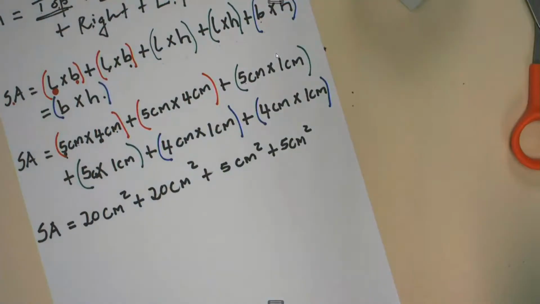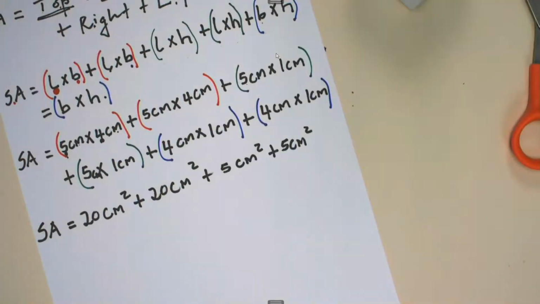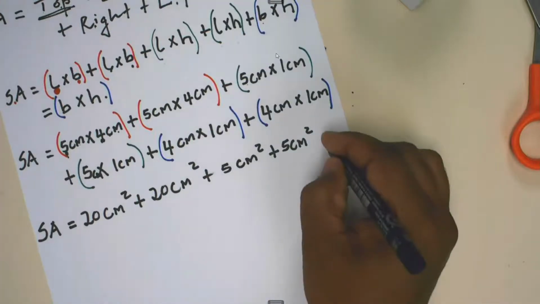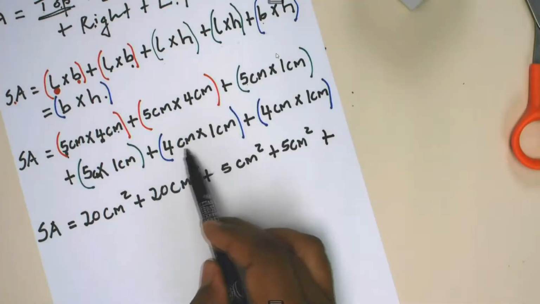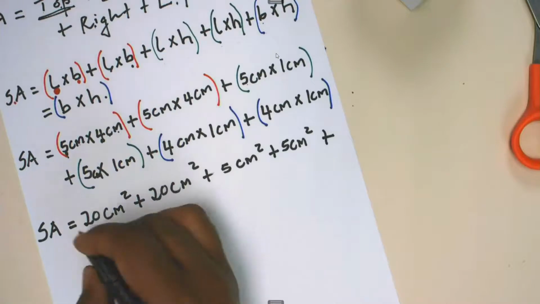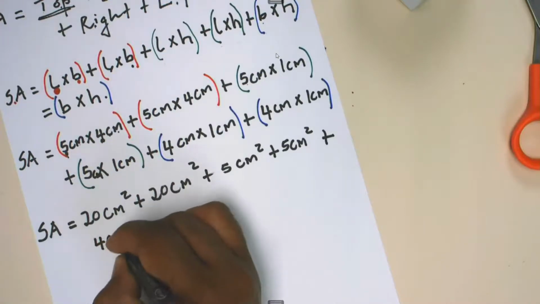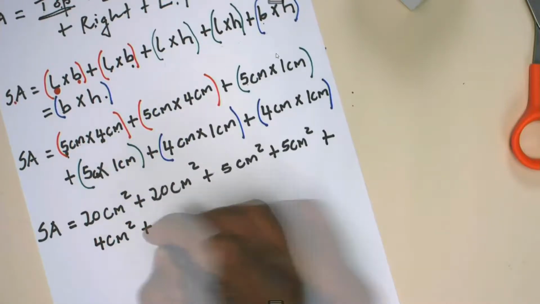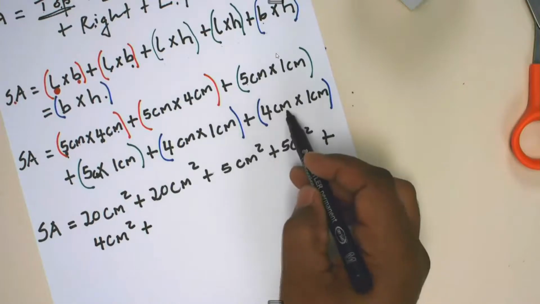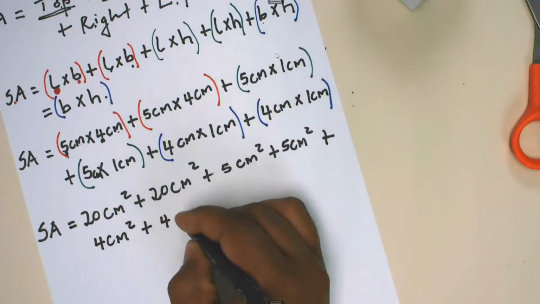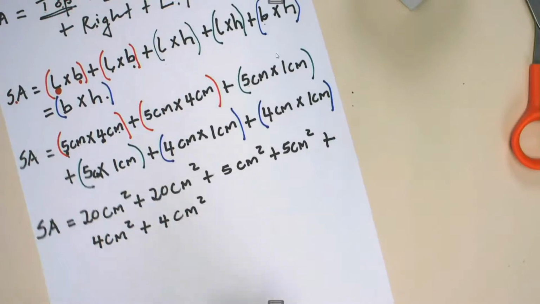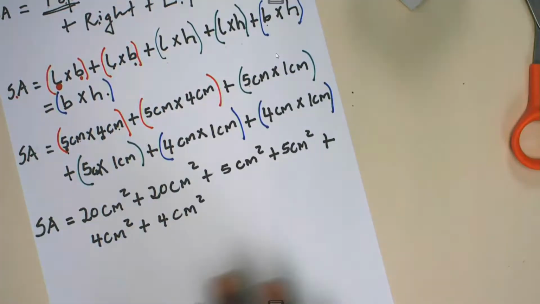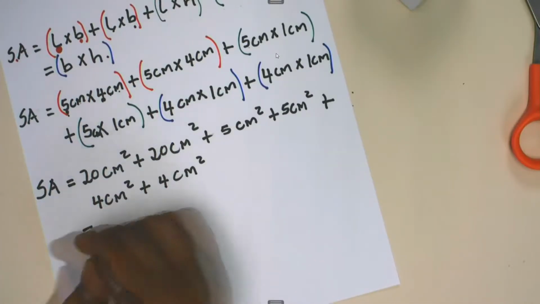And therefore, we are left with the two faces, the left and the right. Then we say plus. What is the right? 4 multiplied by 1, which will be 4 centimeter squared, plus 4 centimeter multiplied by 1, 4 centimeter squared. Good.